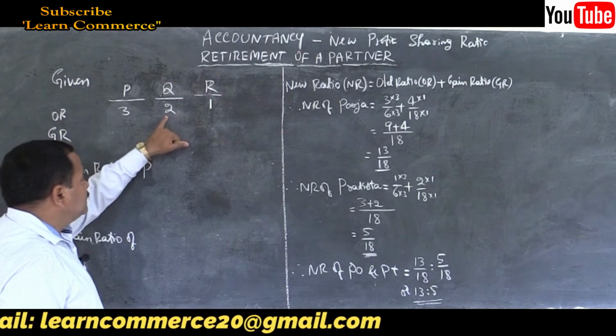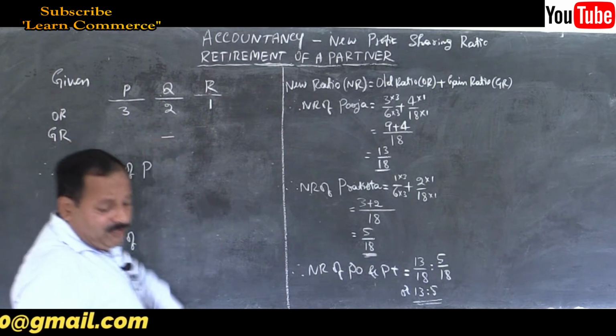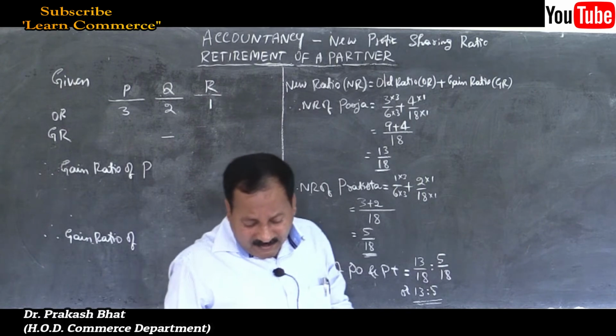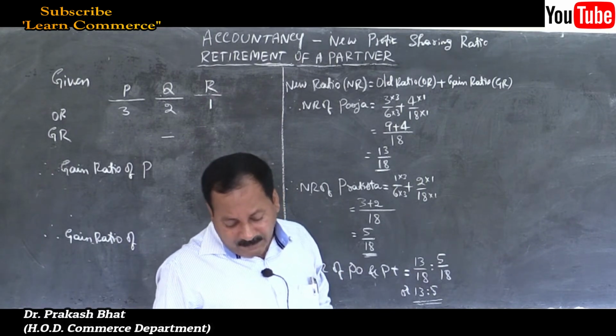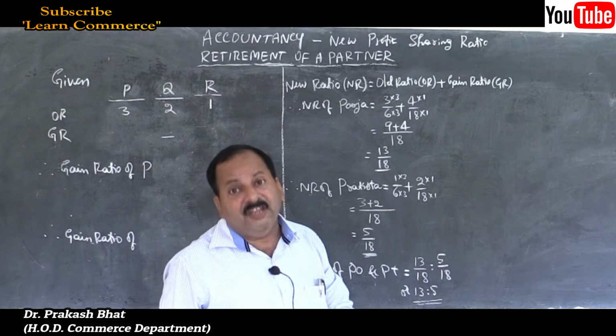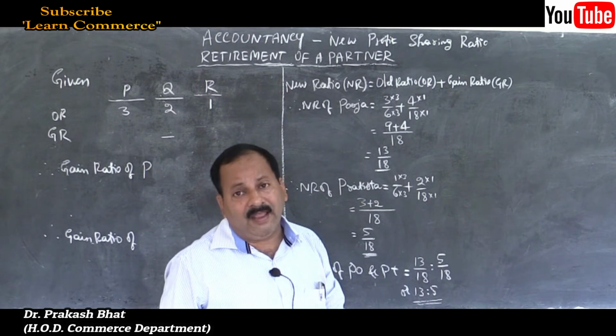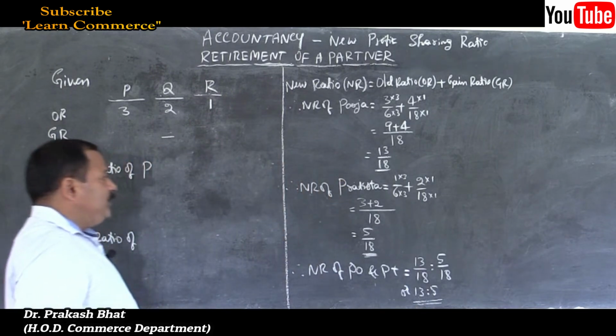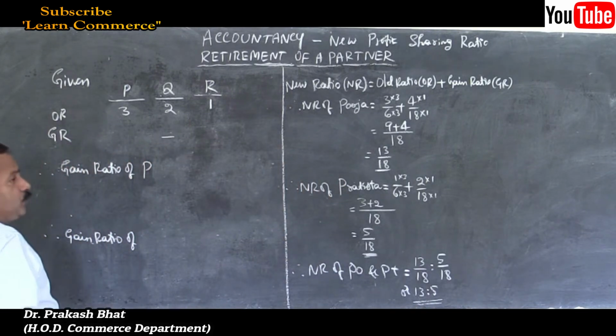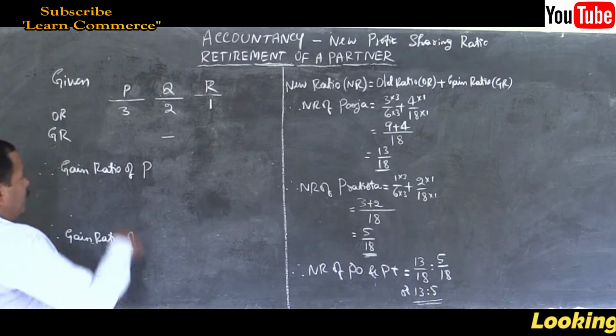Q retires means 2/6. Q's share, it is gained by, acquired and gained both are one and the same, by P and R in the ratio of 3:2. 3/5 and 2/5, right?